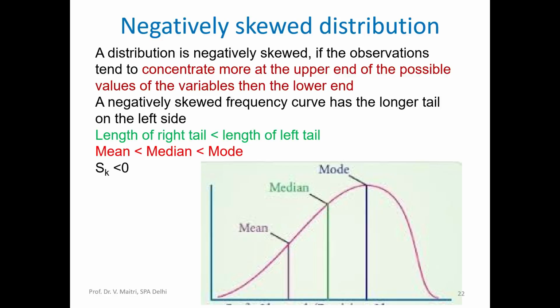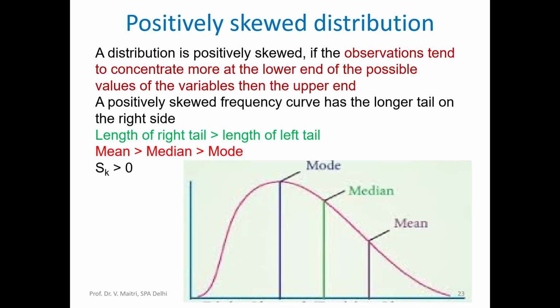And similarly, in a positively skewed data, the observations tend to concentrate more at the lower end of the possible values of the variable than the upper end.